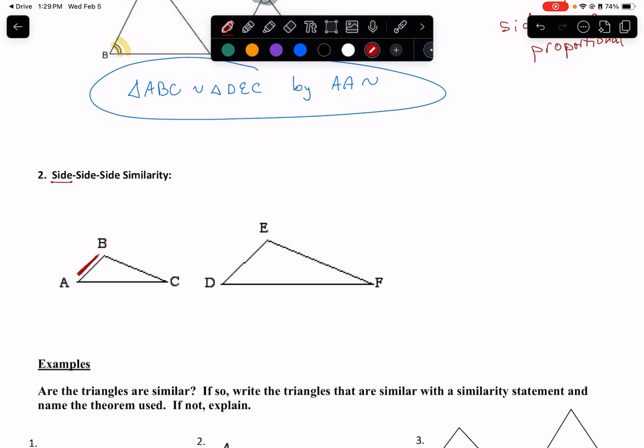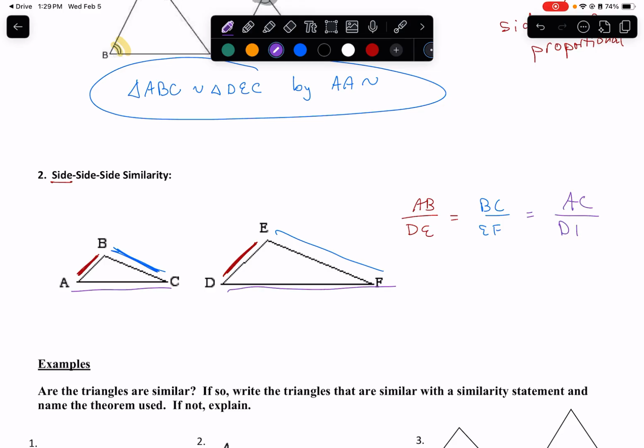So AB and DE, so if I do AB divided by DE, that has to be equal to BC divided by EF, which has to be equal to AC divided by DF. So all of these reduce to the same scale factor.